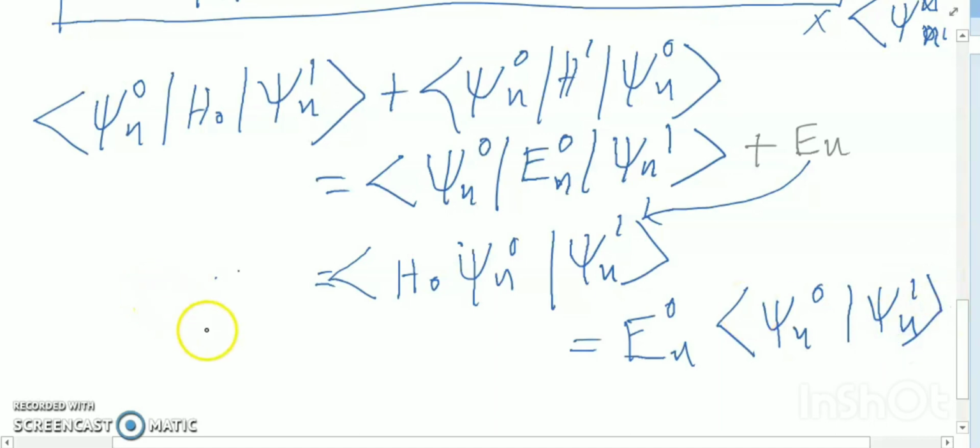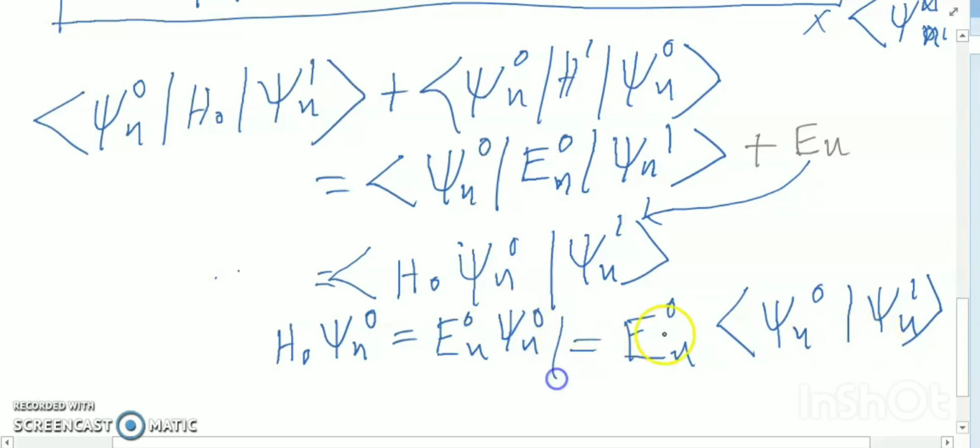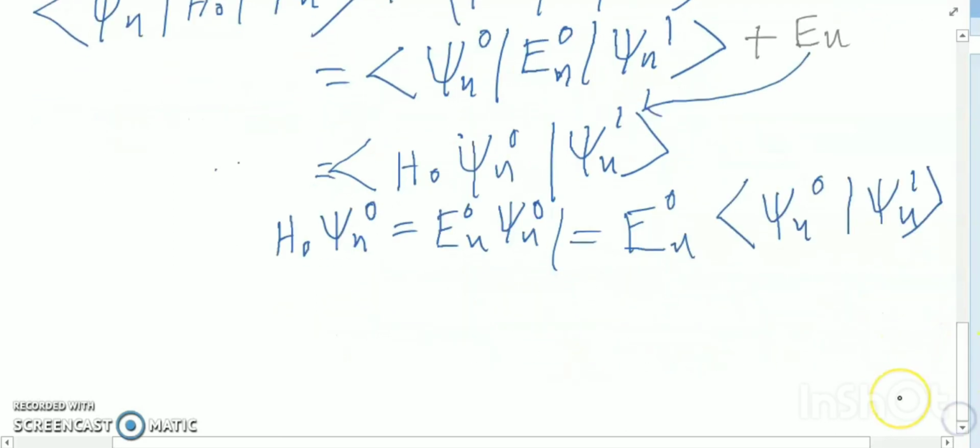Now you must remember H0 psi n0 equals E n0 psi n0, and for unperturbed energy and unperturbed states, they are not necessarily orthonormal. So let's continue.